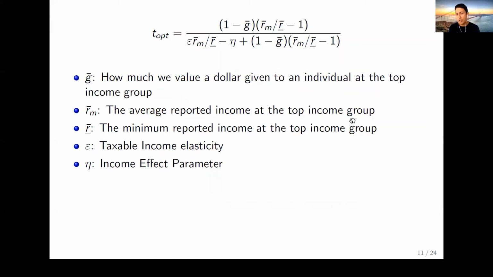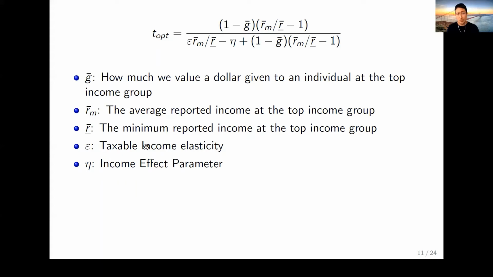The second parameter is the average reported income in the top income group. In the US, for instance, the top income group starts at people that earn more than $400,000 a year. If you look at these people's incomes and take the average, that would be RM here. That's an empirical number that we can calculate from the data. The third parameter is the minimum reported income in the top income group. In the US, this number is $400,000.